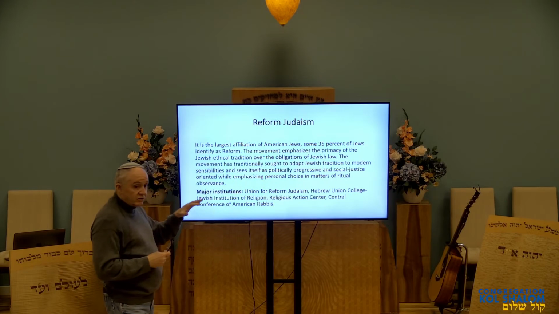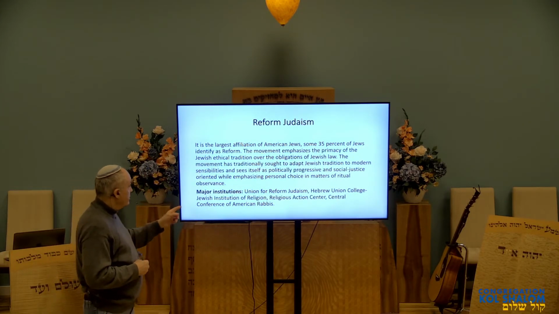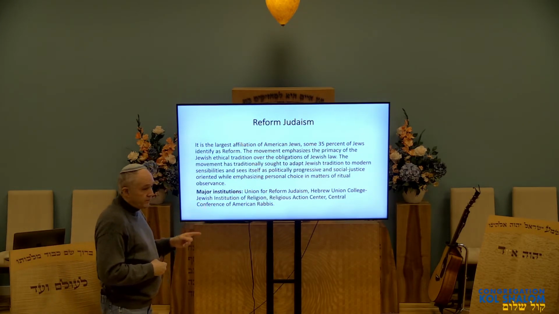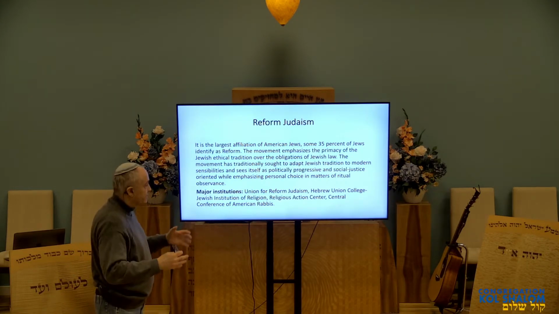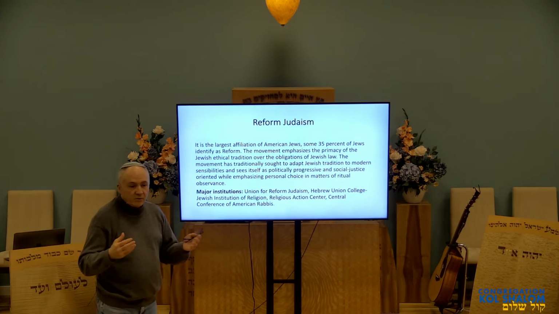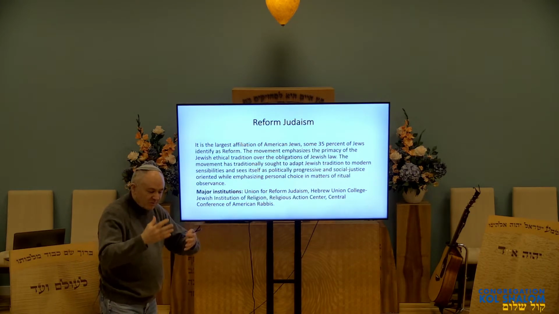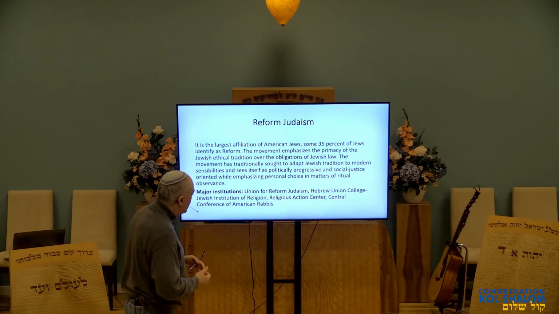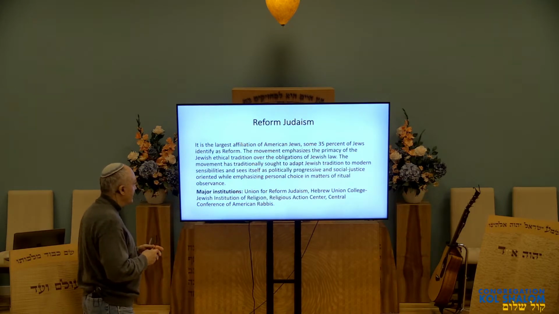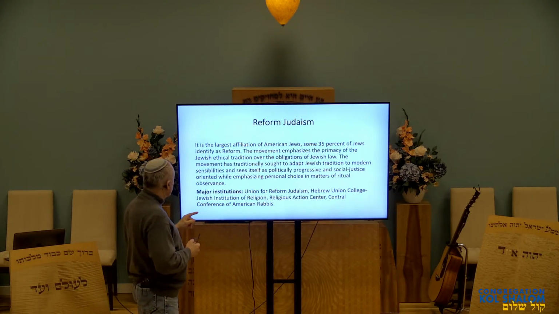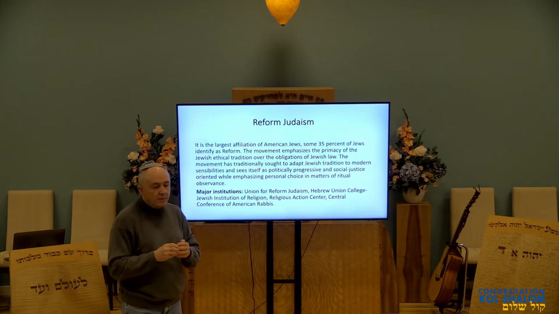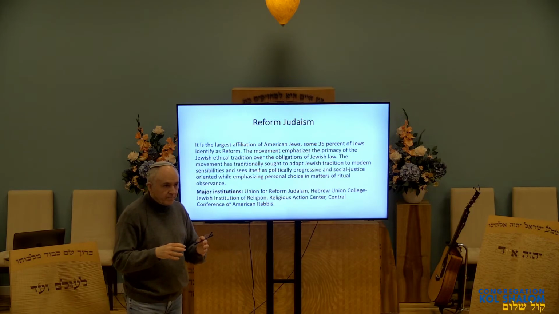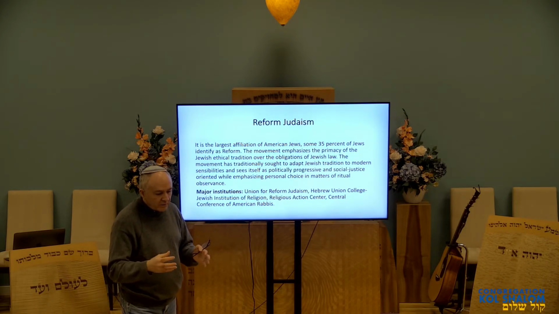The major institutions are the Union for Reform Judaism, that unites the congregations. Rabbi Rick Jacobs, my very, very good friend, is the president of this institution. The Hebrew Union College, a Jewish institute of religion, is the alma mater, the place where the rabbis are trained.